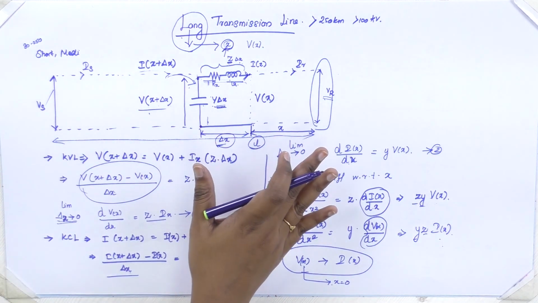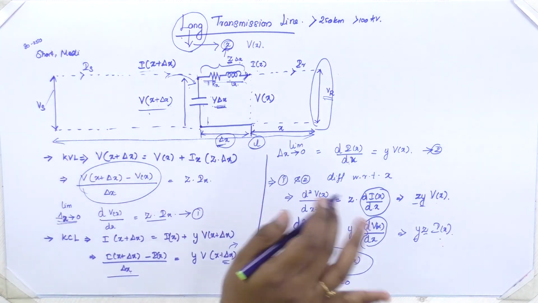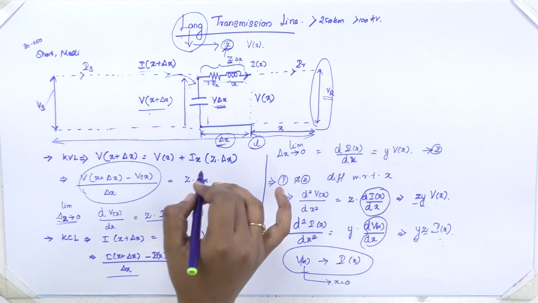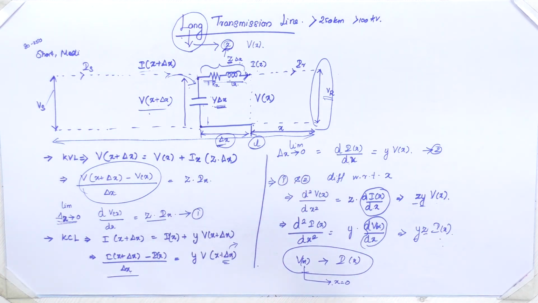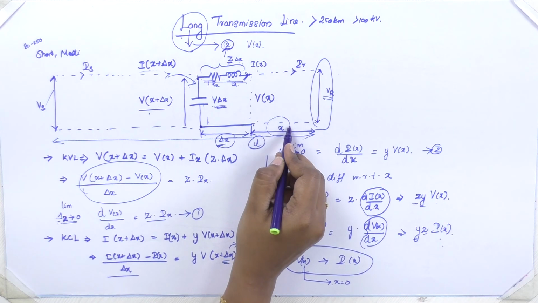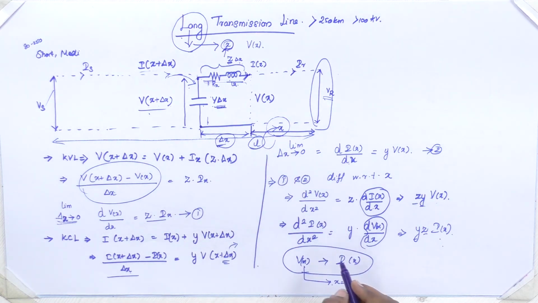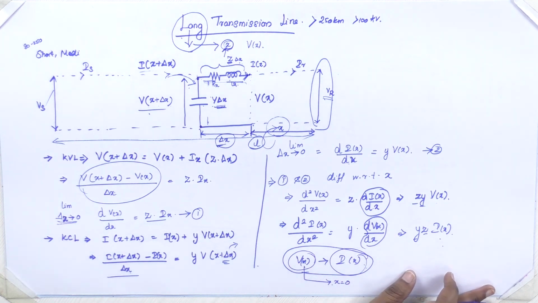From this we will get the Vs and Vr voltage, which is the basic need, and this is the long transmission line procedure. Here we are not taking a particular distance, we are taking the distance as x and substituting the value of the distance and finding the particular voltage and current level at that distance.